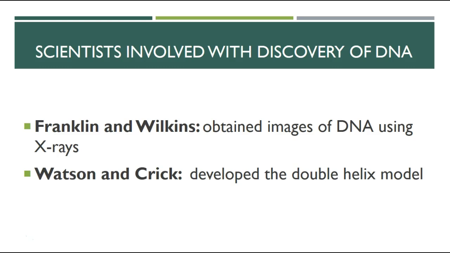Their contribution to the discovery of DNA is they obtained images of DNA using X-ray machines. And Watson and Crick, from those X-ray images, were able to develop the model of DNA as the double helix. So they developed the double helix model.